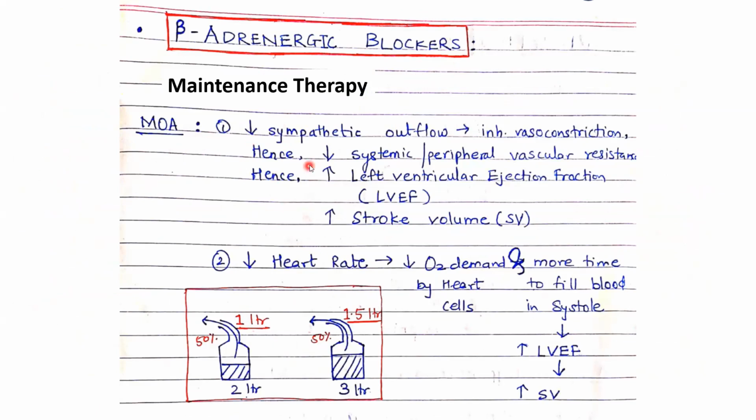We'll discuss their mechanism of action. They are going to decrease the sympathetic outflow to the heart, and that leads to vasoconstriction inhibition. Inhibition of vasoconstriction will decrease the peripheral vascular resistance, which will ultimately increase the ejection fraction.